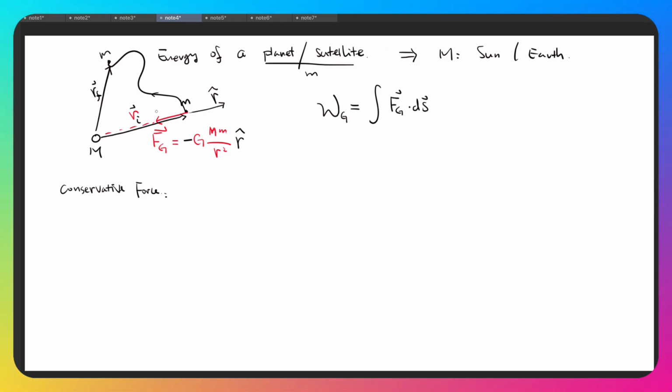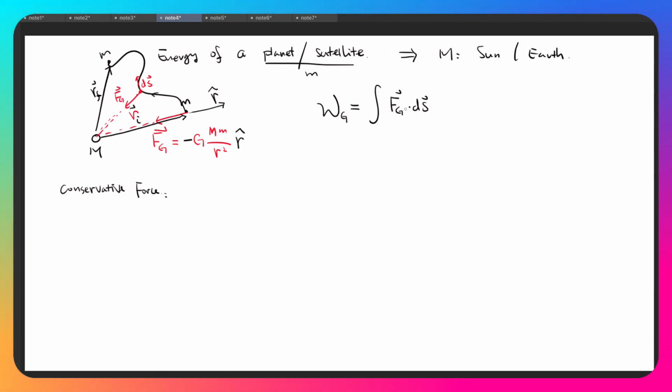Suppose that along such a path there's a displacement ds for the planet at a certain point, and at this point we also know Fg acting on it at this location.